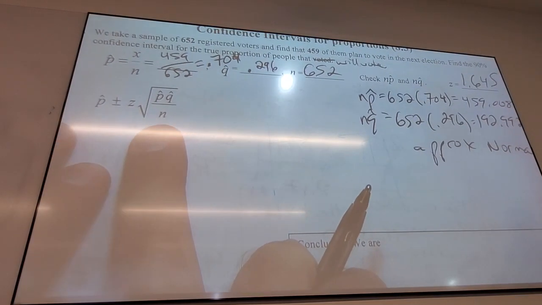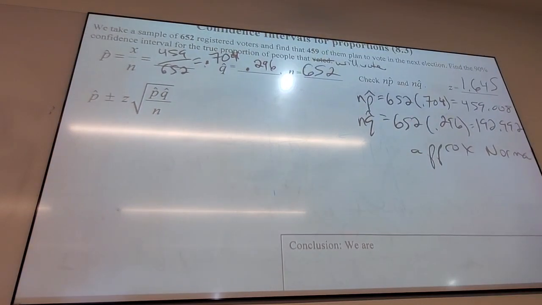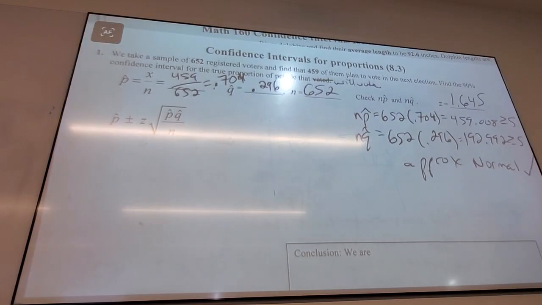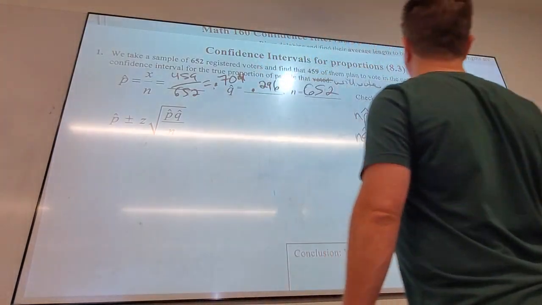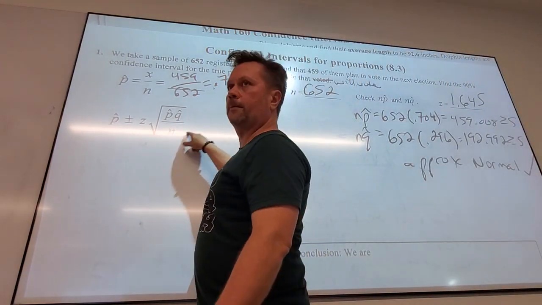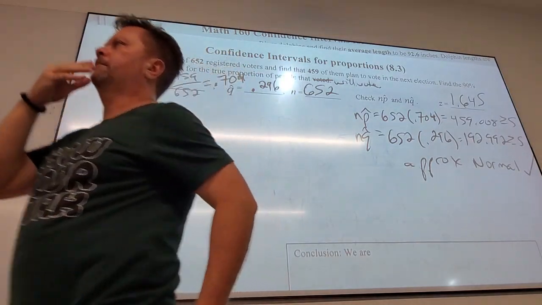So if you would take a moment, please, and calculate your confidence interval. Is my z times that also my error bound in the formula? Yeah, this is still your error.